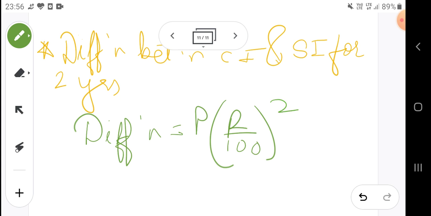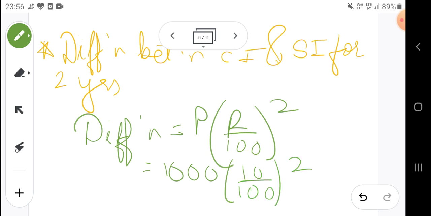Now rate is given to you as 10 and principal is given 1000. So 1000 (10/100) squared. So you can find it now. I'll just show you here.